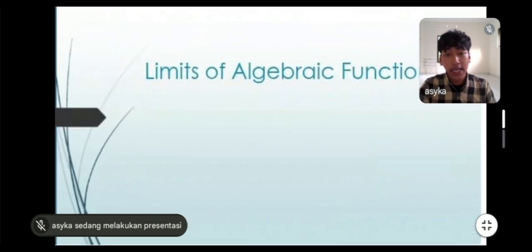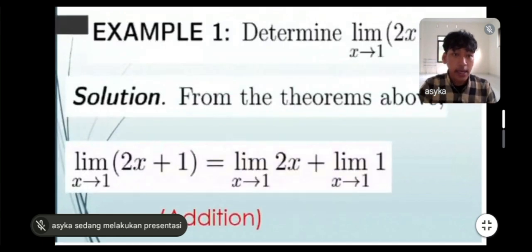Limit of algebraic function. Example 1. Determine the limit as x approaches 1 of 2x plus 1. Solution. From the theorems above, the limit as x approaches 1 of 2x plus 1 is the limit as x approaches 1 of 2x, plus the limit as x approaches 1 of 1.